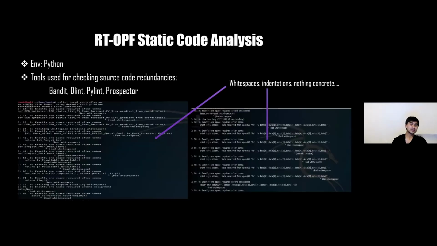Another in-scope assessment for me was checking the RT-OPF Python code. Since this was in Python, it allowed me to do static analysis, so all I did was run it through various tools like Bandit, DLint, Prospector, and Pylint. Since this was short, simple code and still under development, it limited my testing techniques for source code review.